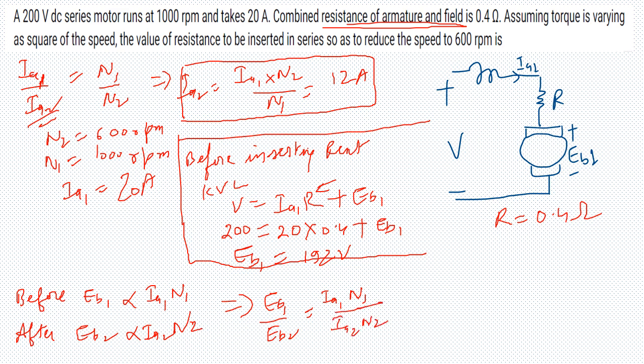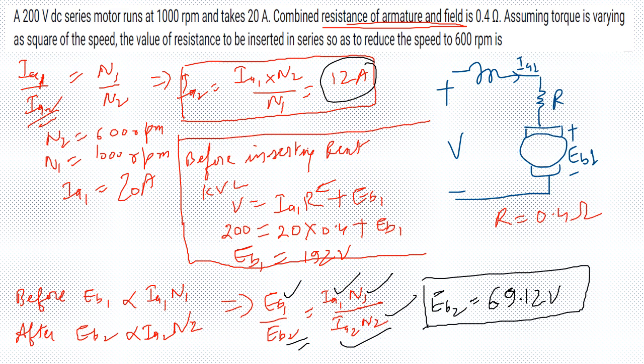You know everything except EB2: EB1 is 192, IA1, N1 and N2 are known, and IA2 we calculated as 12 amps. Calculating EB2, it comes out to be 69.12 volts.